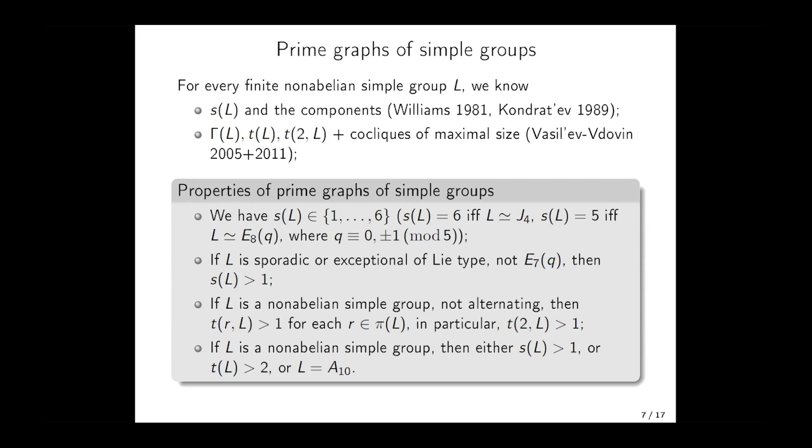So if you want to search for some details, you can find the corresponding papers. And I'd like to discuss a few more properties of prime graphs of simple groups.